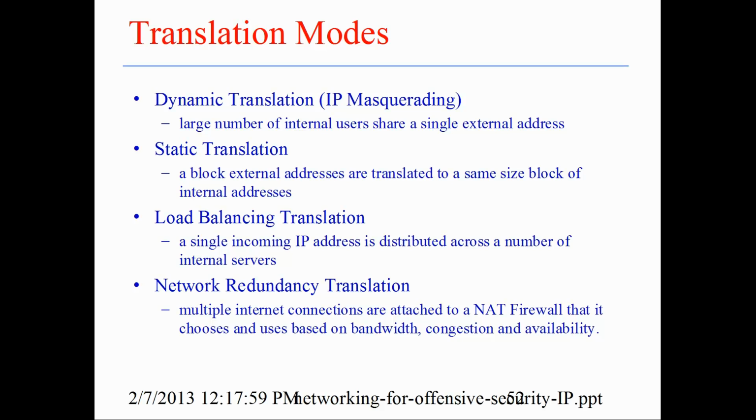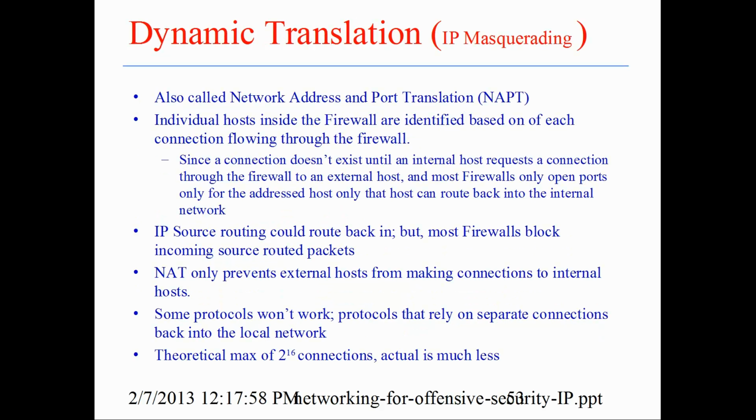Network redundancy translation is similar to load balancing, but it's the reverse. Instead, you have multiple internet service providers or multiple external networks provided to your autonomous system or your network, and depending on the bandwidth going in and out, you adapt and load balance your traffic across the different networks you have.